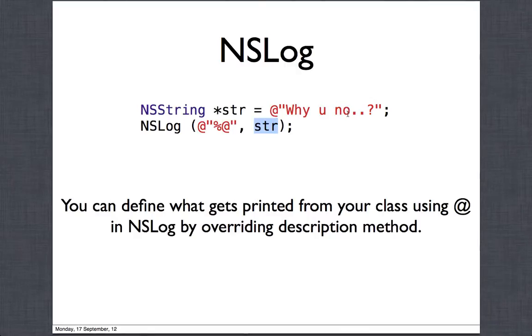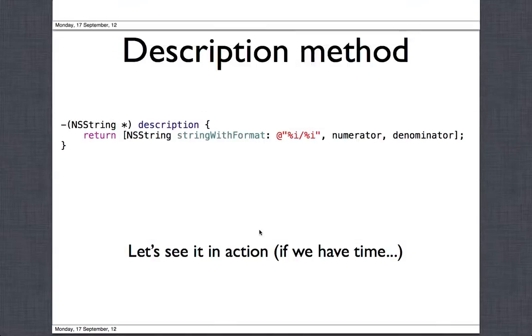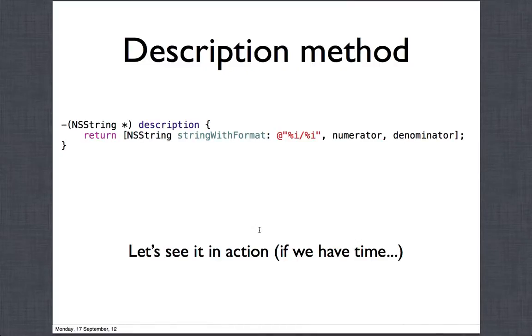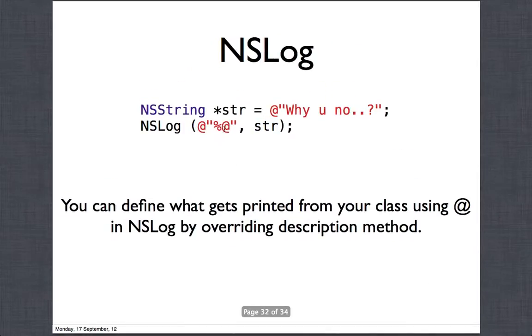But you can create your own way of printing. So our fraction, let's see, we can just create a description method which is going to be used in this call.